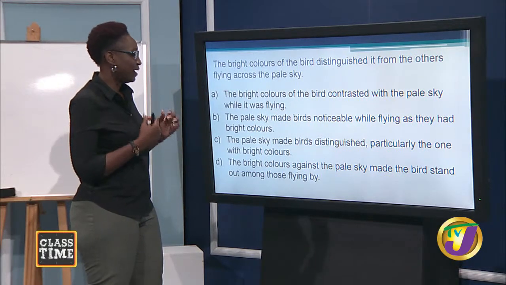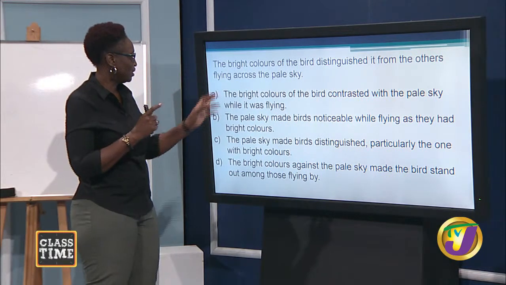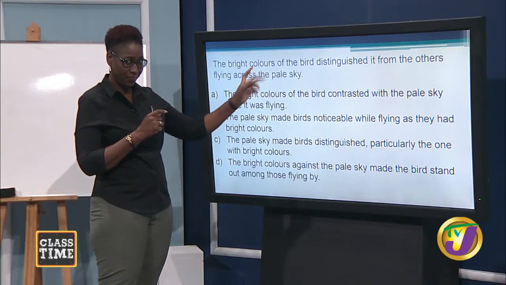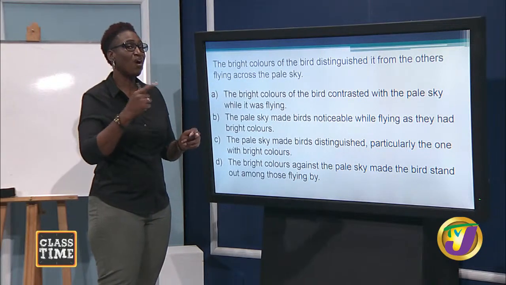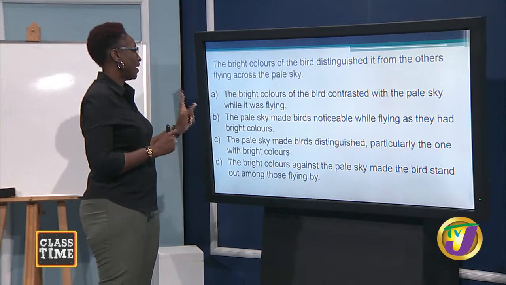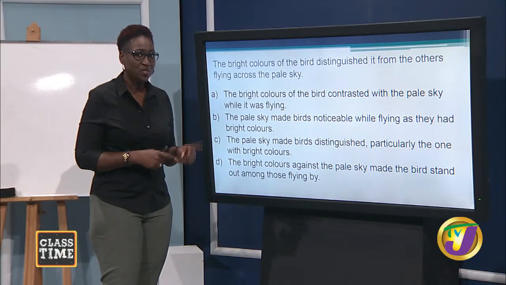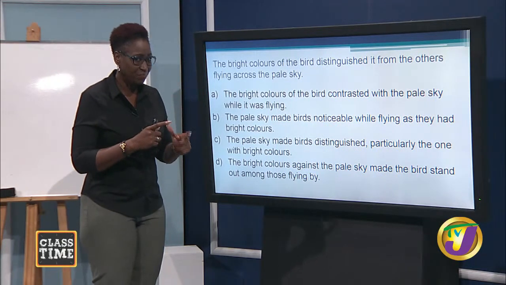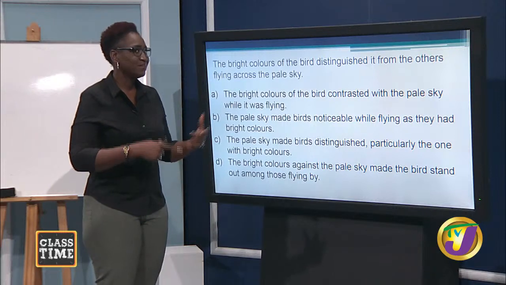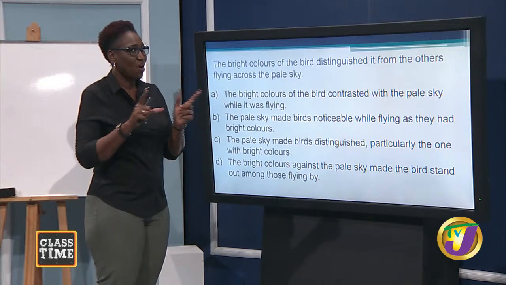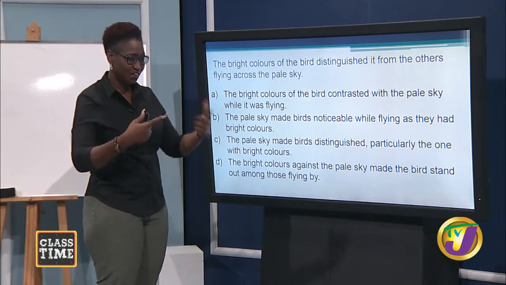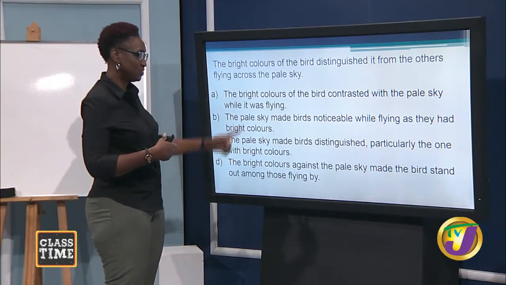But which one has this message? The bright colors of the bird distinguished it from the others flying across the pale sky. So this particular bird, because of its bright colors, stands out among the other birds as they are flying. Which of these four?